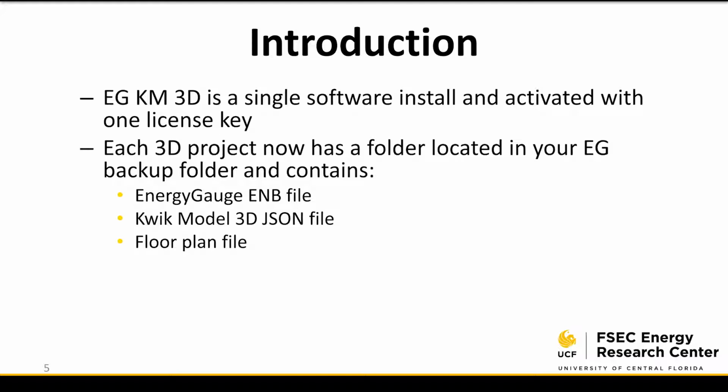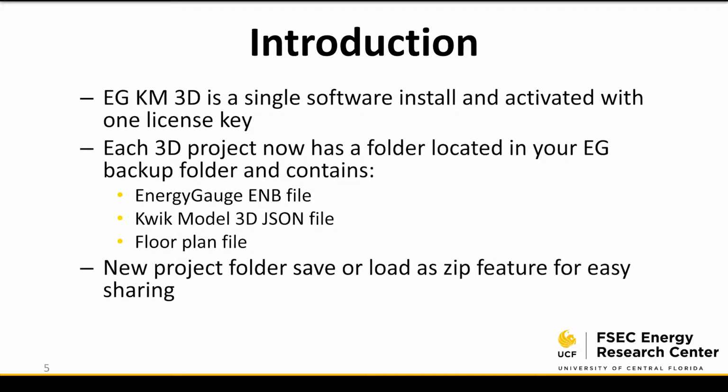Inside that project folder, you'll find the EMB file, the 3D JSON file, and the floor plan file, which you'll see is imported initially as your setup. All three of those components are in one folder, and that's stored inside the Energy Gauge backup folder, which you're all familiar with. In addition to the project folder, we have two new features. You have the ability to save that and to load it as a zip file. So therefore, it's just one file which you can easily share.